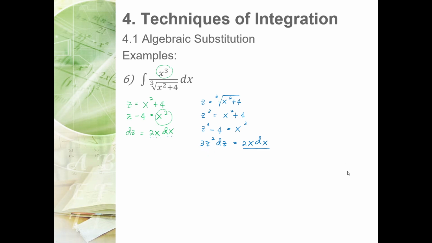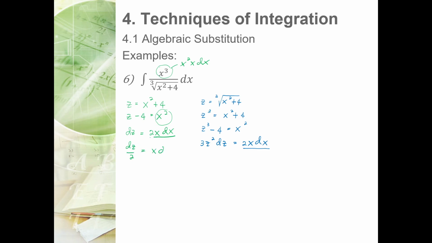So let's try to go even further. The numerator we can express as x squared and then x dx. Since we have an x dx here, this becomes dz over 2.